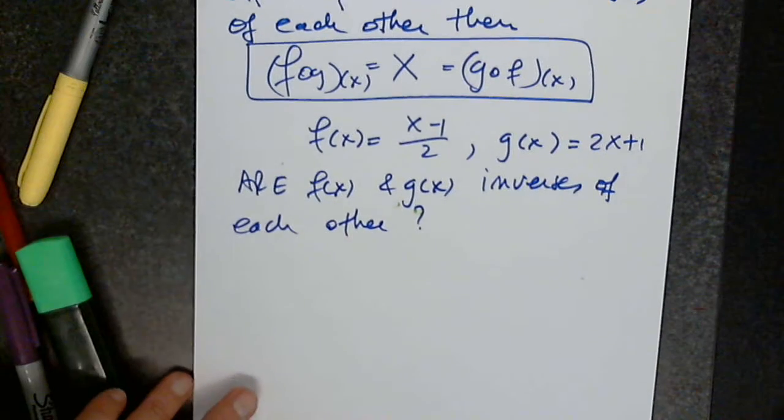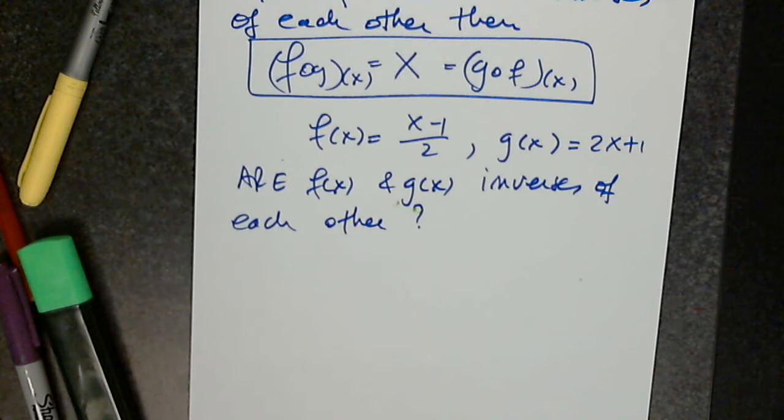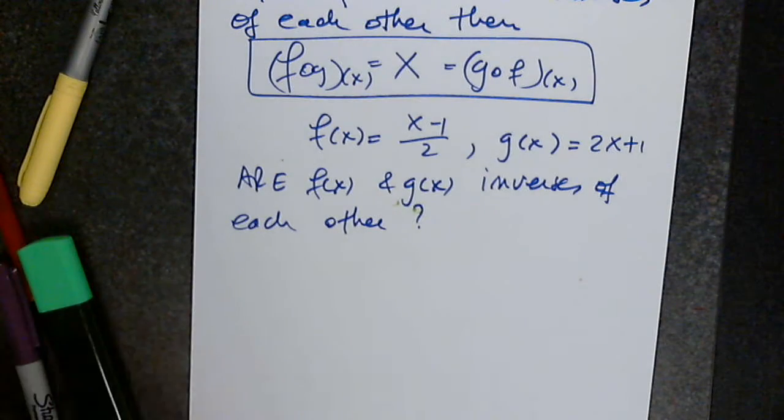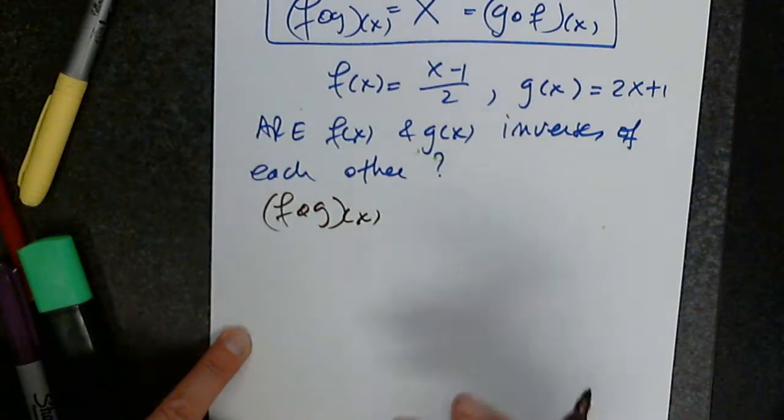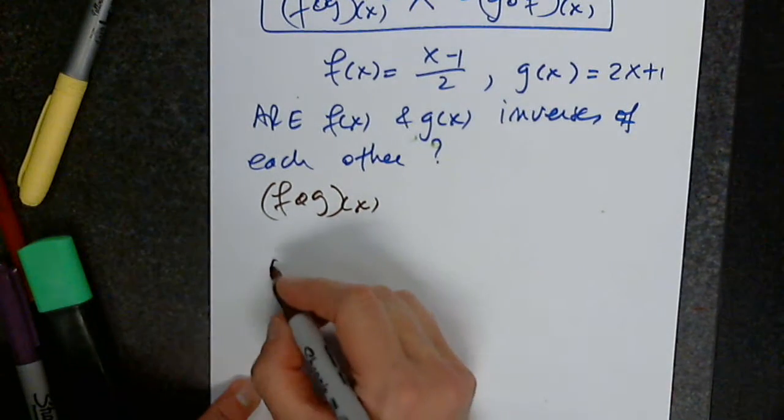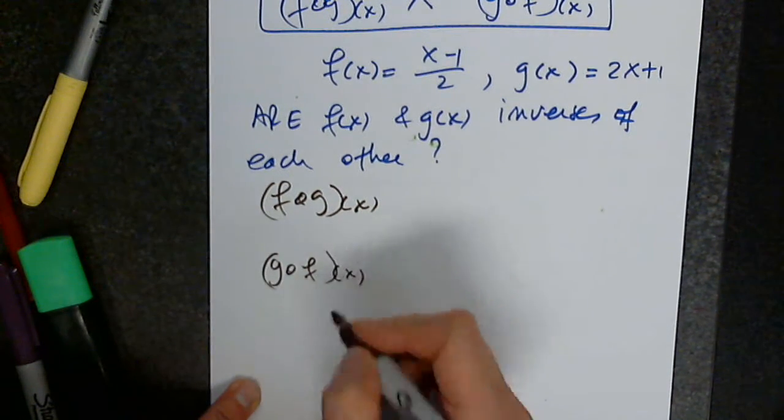And you cannot say yay or nay. You have to say, give me a minute. I will find f comp g. And then give me another minute. I will find g comp f.